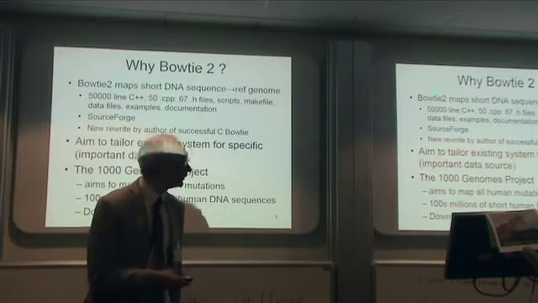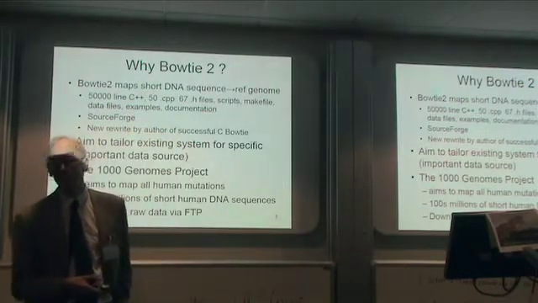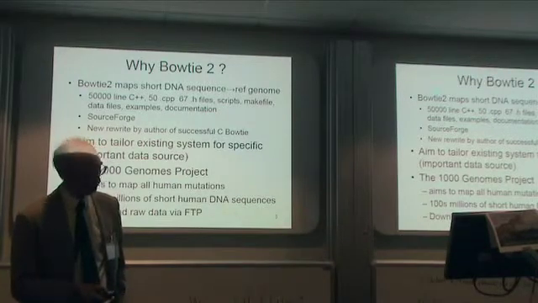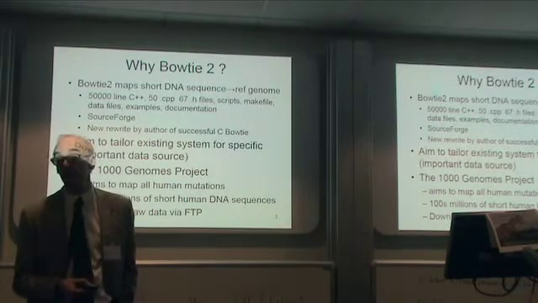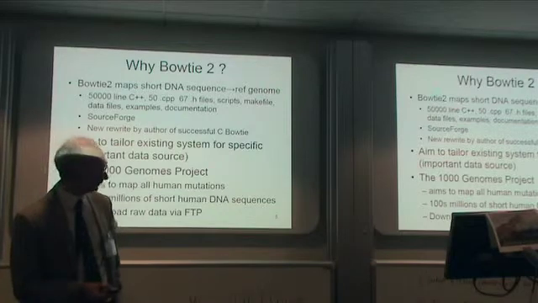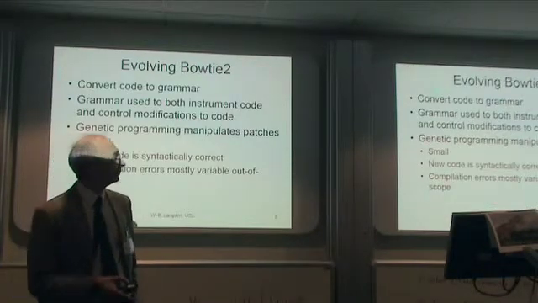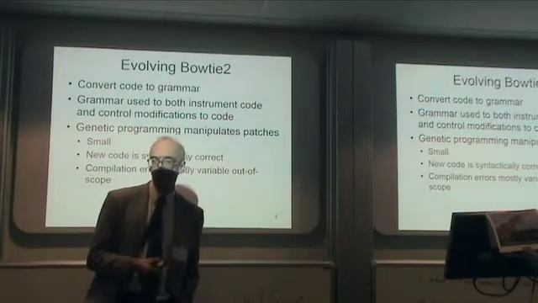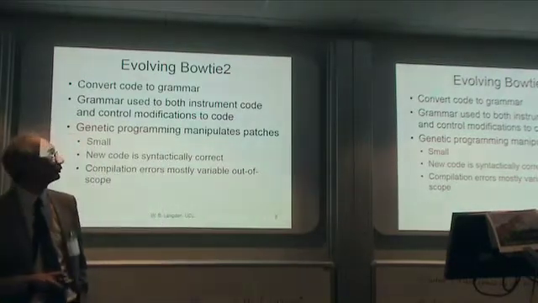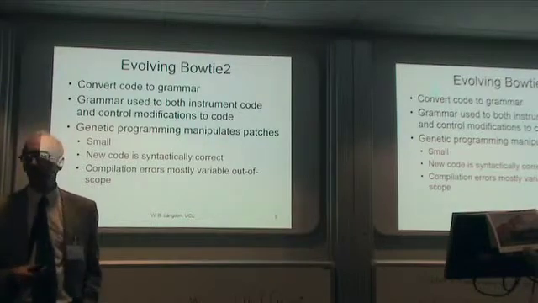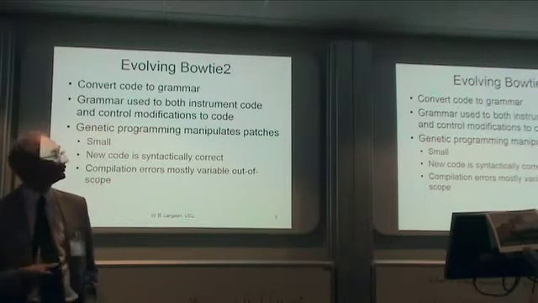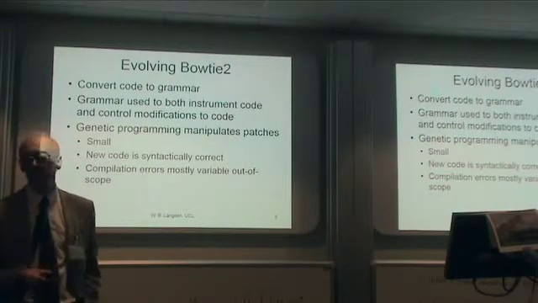And as I said, we take the data from the 1000 Genome Project, which basically put all their stuff online. The basic approach is we take the source code and we convert it into a grammar. But this is a grammar which is very specific.